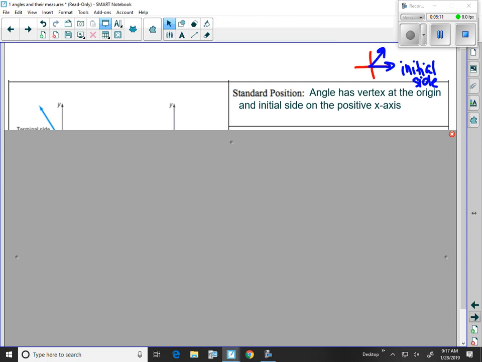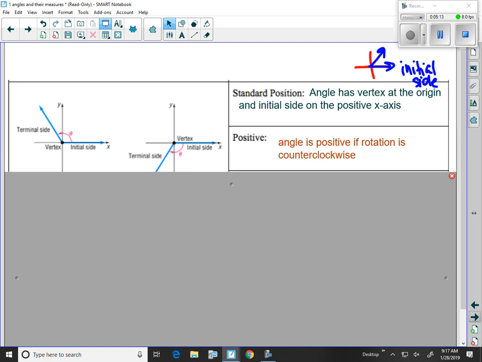We have a positive angle when it's going counterclockwise. It's going counterclockwise, we have a positive rotation. If you look over here, this one has the initial side right here. It goes counterclockwise. That's positive.